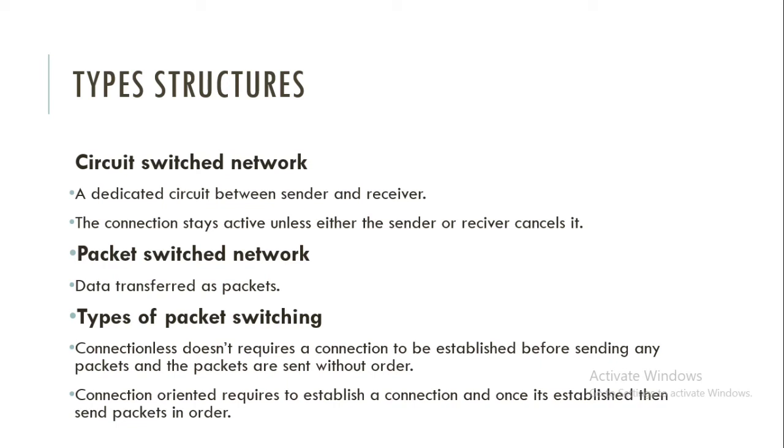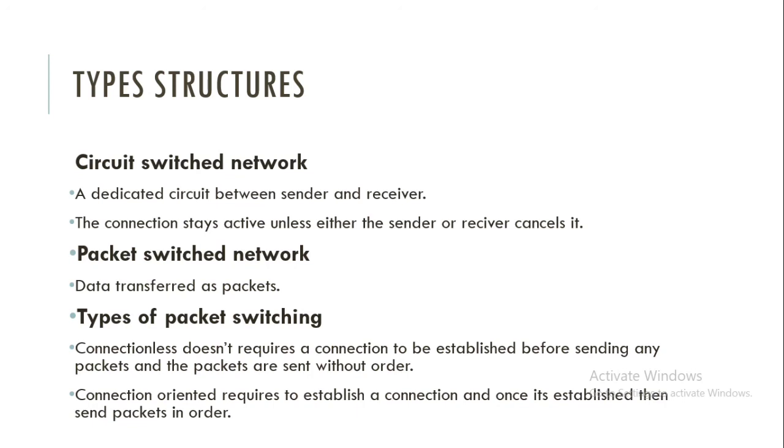Then we have the packet switch network. In a packet switch network, the data is transferred as packets. There are two types of packet switching: one is connectionless and the other is connection oriented. The connectionless service doesn't require a connection to be established before sending any packets, and the packets are sent without any order.